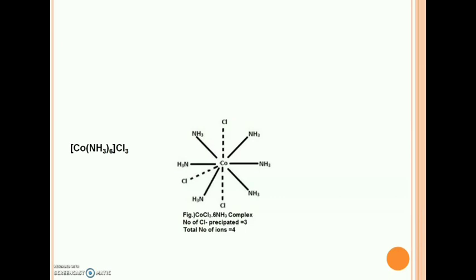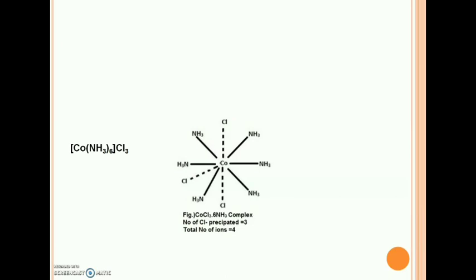Every metal has a fixed coordination number, and for cobalt it is 6. That means its primary valency is 3 and its secondary valency is 6. Here the oxidation number is 3, so the primary valency is 3.